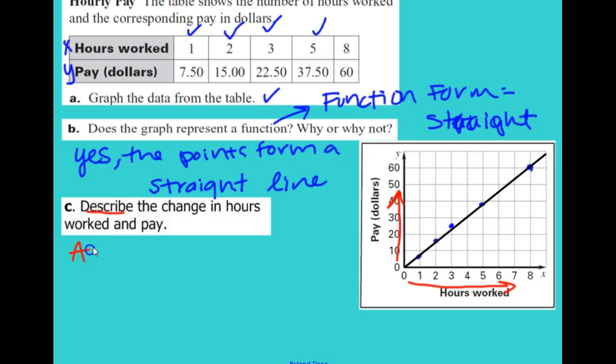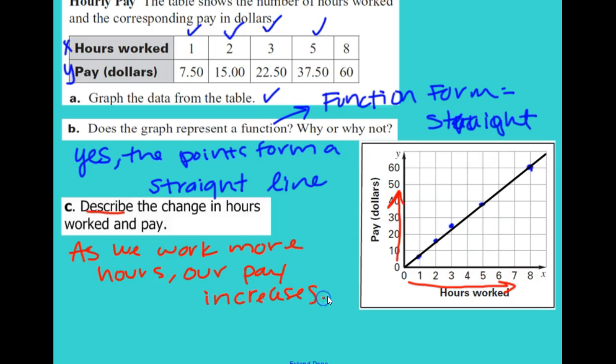So I'm going to say, as we work more hours, our pay increases. Like I said, there are a variety of ways you could have said that.